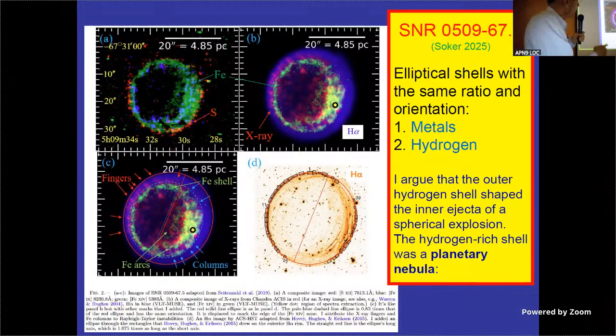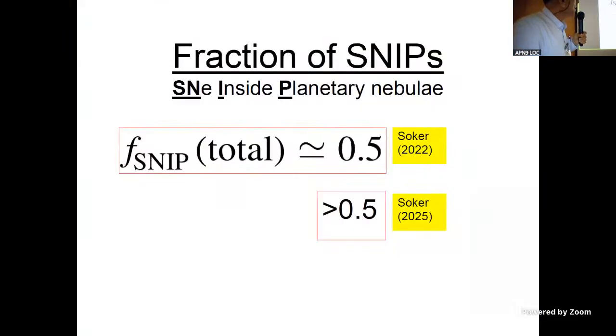For other arguments, some people claim the explosion was shaped by a binary white dwarf interaction, but I don't think so. So what is the fraction of SNPs among all type 1a? I claim more than 50%.